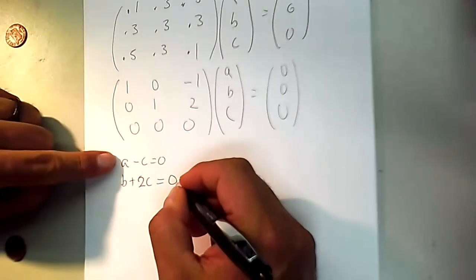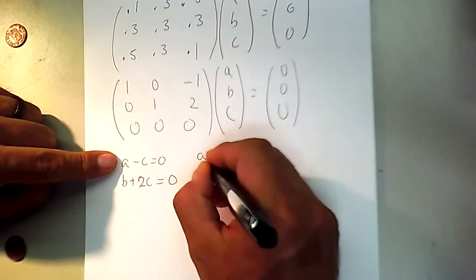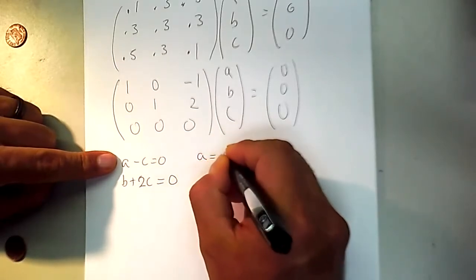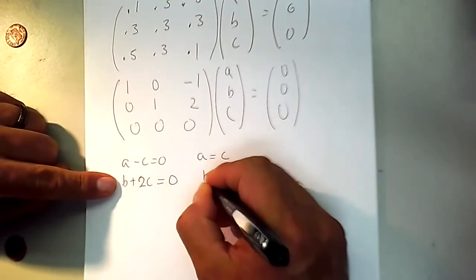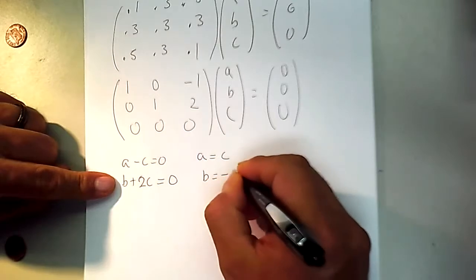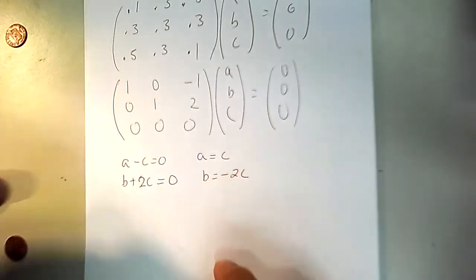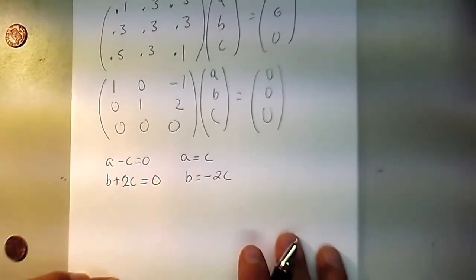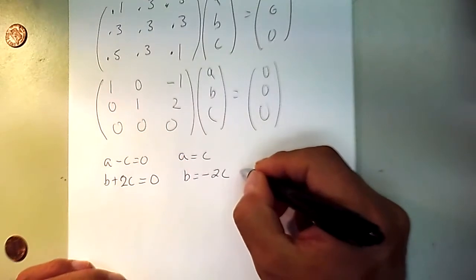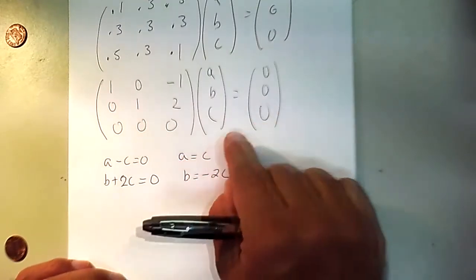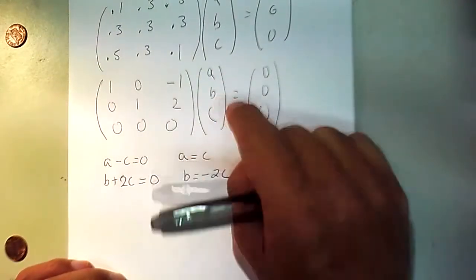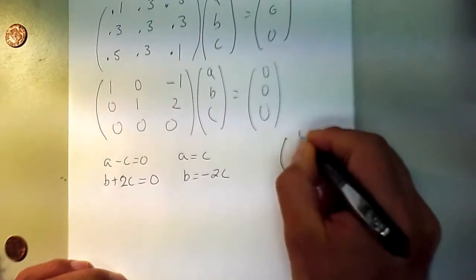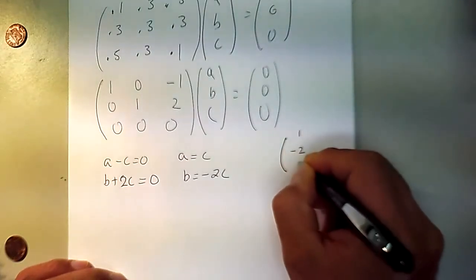Let's see. So that means A equals C, and B equals negative 2C. So if C equals 1, then we have 1, 1, negative 2 in the middle. So 1, negative 2, 1.